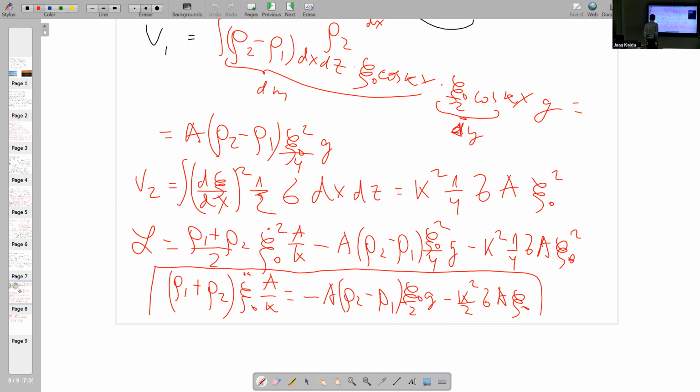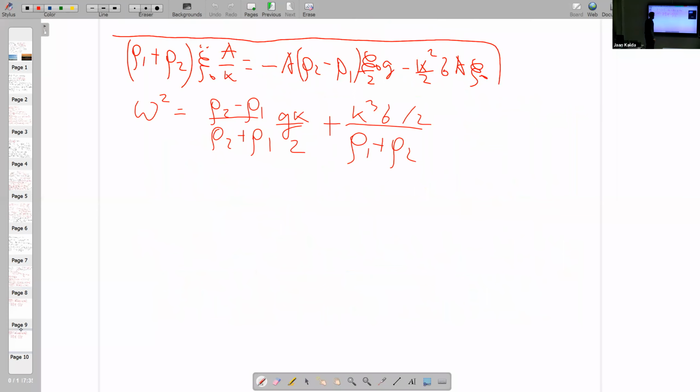Okay, why don't I like it? Because if we take rho 1 equal to 0, see, factor 2 needs to be in the numerator and not in the denominator, because in that case, for deep water waves, we have this special relationship.